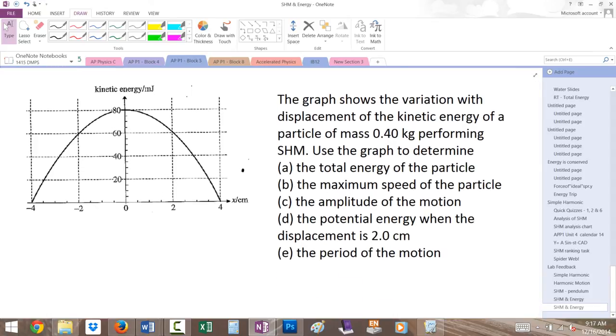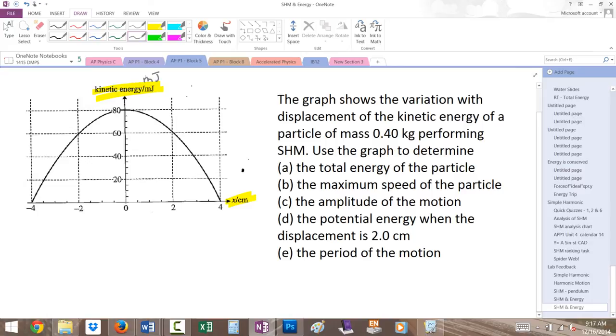We've got a graph here that shows the variation with displacement of the kinetic energy. The x-axis is the displacement in centimeters, and the y-axis is the kinetic energy. It says in millijoules, just so that you know.